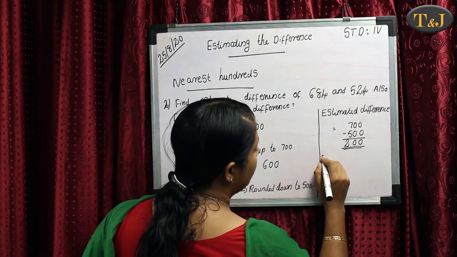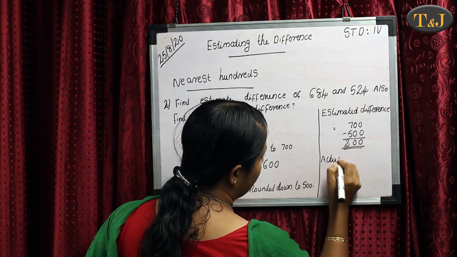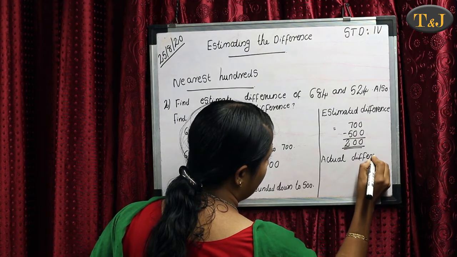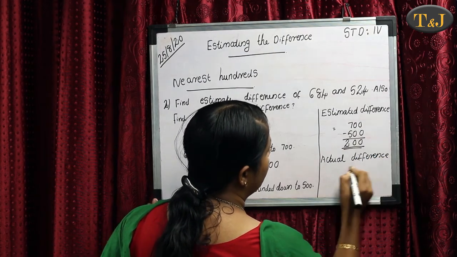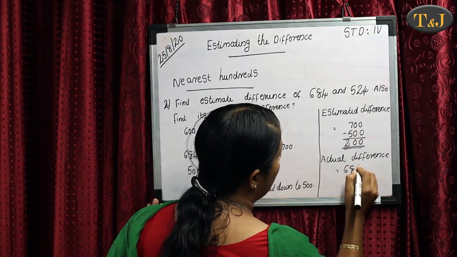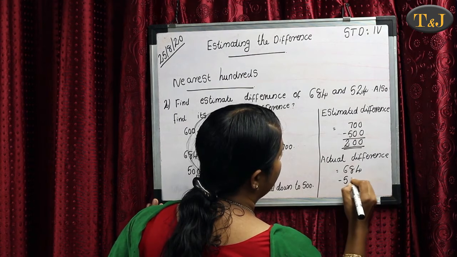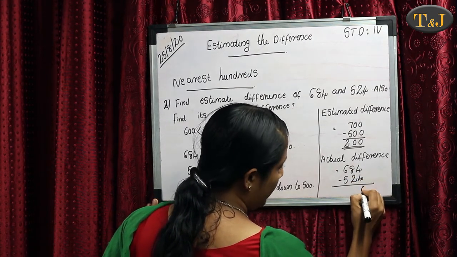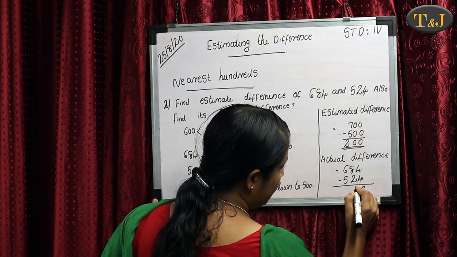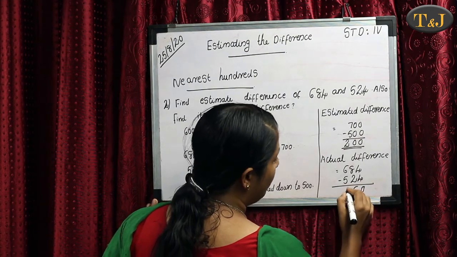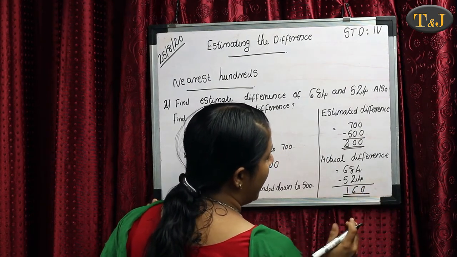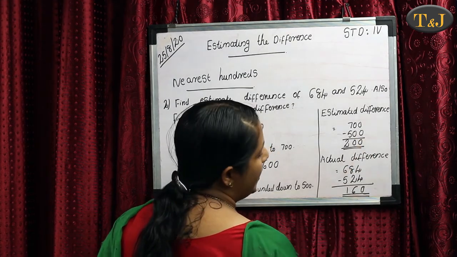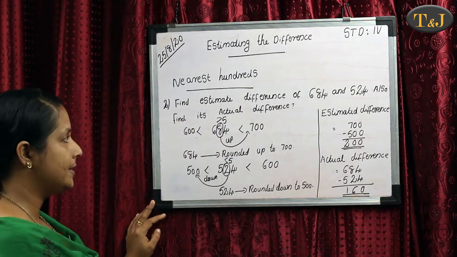Then next we want to find out the actual difference. Our question is 684 minus 524. Then 4 minus 4 equals 0. Then 8 minus 2 equals 6. And 6 minus 5 equals 1. So our answer is 160. Therefore, estimated difference equals 200 and actual difference equals 160.